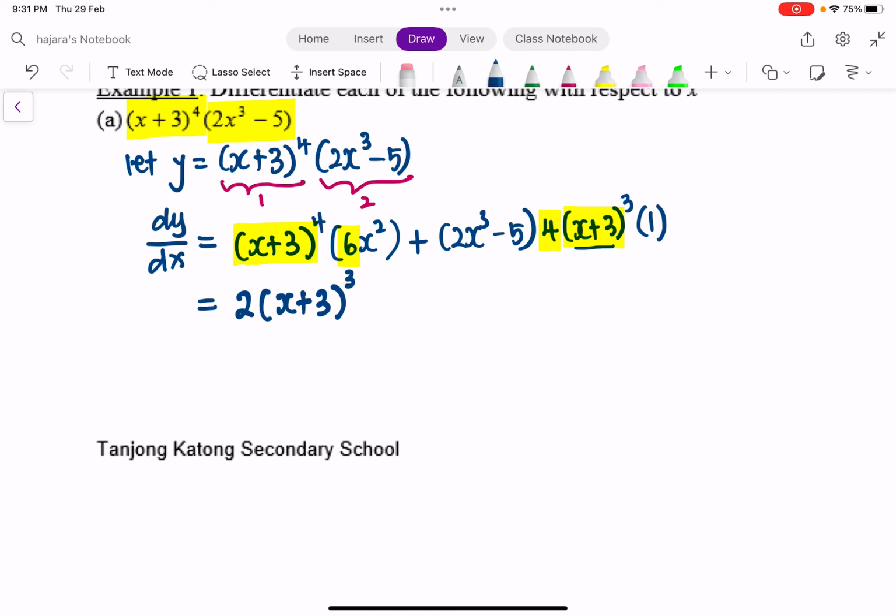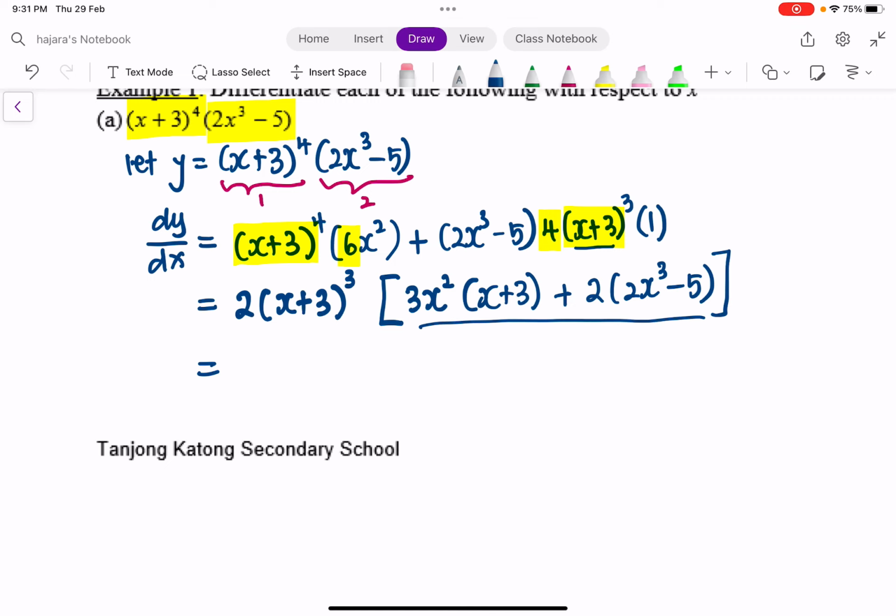So this will give us, inside the bracket, we will be left with 3x squared and x plus 3 in the first term. From the second term, we'll be left with 2x cubed minus 5.